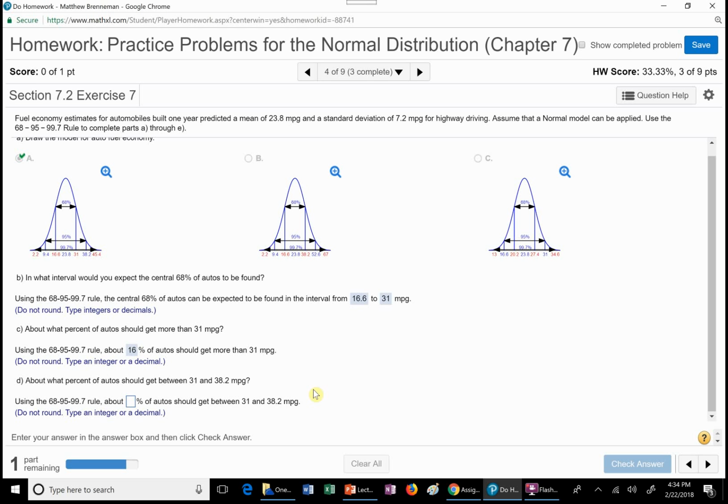Let's see, this is 68%, this is 95, right? So the difference between 68 and 95 is these two guys here. Does that make sense? So 95 minus 68, we're going to get 27%. And then what would I have to do just to get this one? Divide it by 2, right?